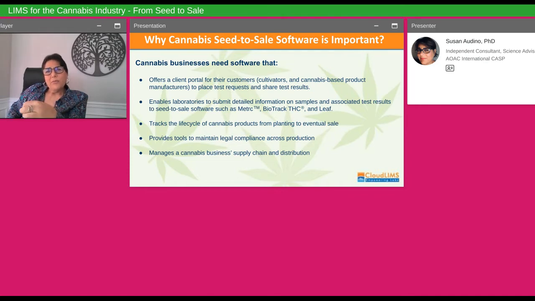These are all third-party databases that are facilitated by various state regulators, and this is where customers will get the results of testing. It's where laboratories have to deliver their test results to their customers. So this provides an interface between the laboratory, for example, and Metrc, or laboratory and Leaf, or the cultivator and Leaf. You kind of get that now.